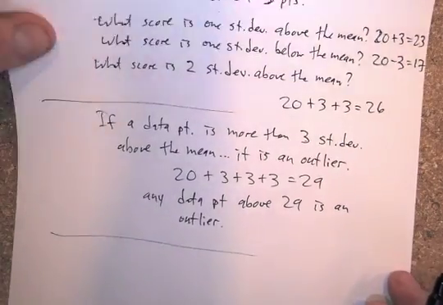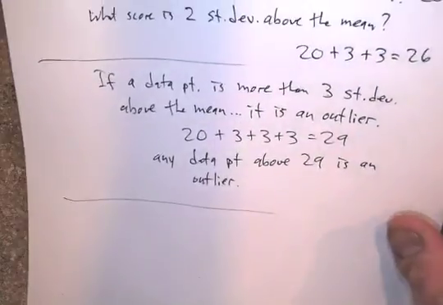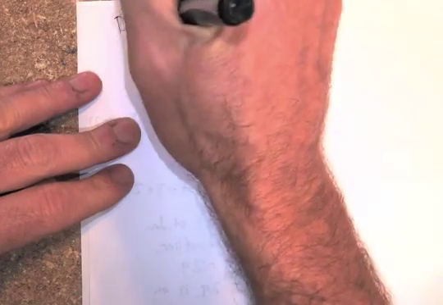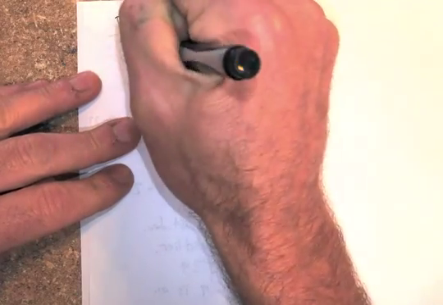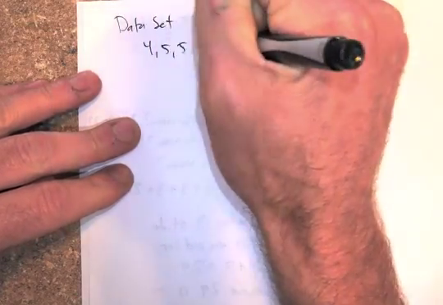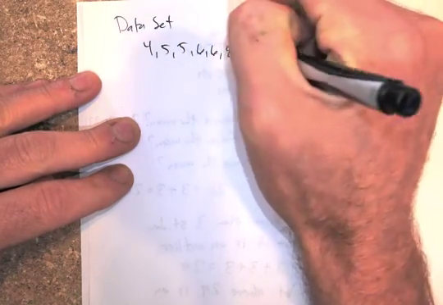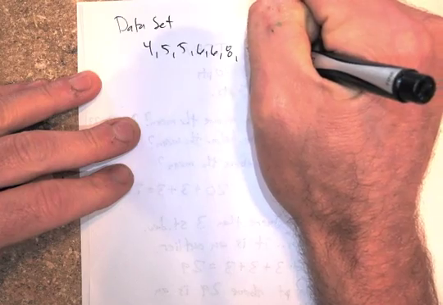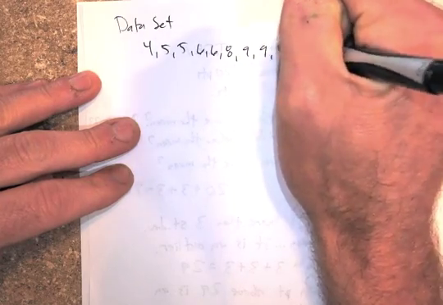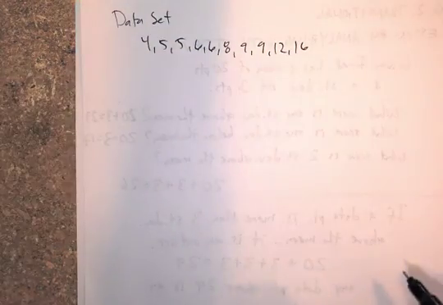And then the last thing, guys, is again, you're going to do some calculating. There's, I think, one problem where you have to calculate it out. Okay, so it'll say there's a data set: 4, 5, 5, 6, 6, 8, 9, 9, 12, 16.